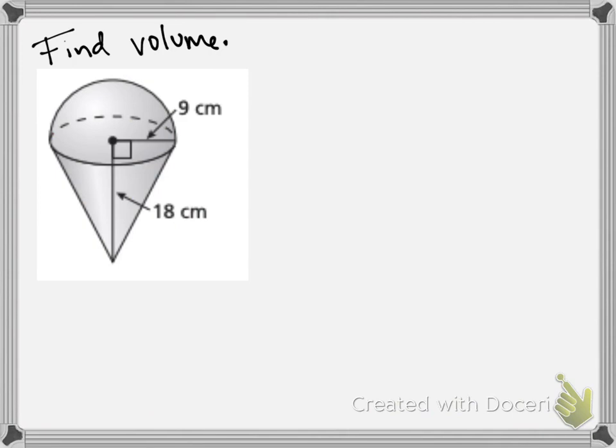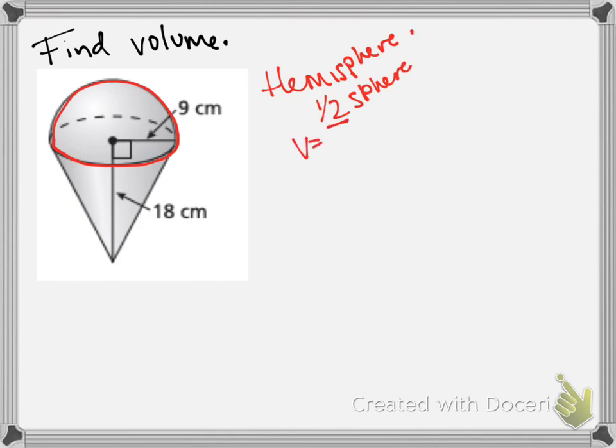The last question I'll use is review. We're going to find the volume of a composite solid. So again, this is broken up into multiple shapes. We actually have what you would call a hemisphere, which is half a sphere. So we're going to find the volume of a sphere and then cut it in half.